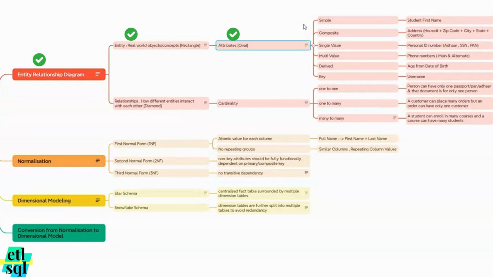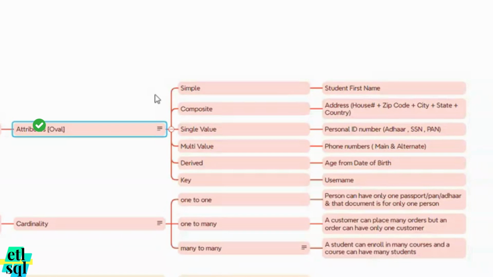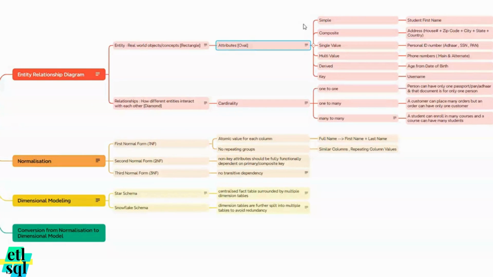Now there are some common types of attributes. Simple attributes, like student first name. Composite attribute: whenever you hear the word composite in terms of relational databases, think of something coming together and making one. Example, composite keys.